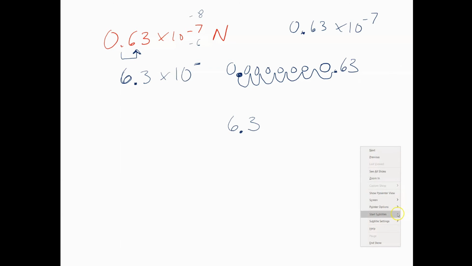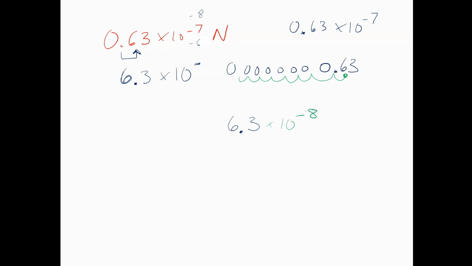Let me change the color real quickly, make it stand out a little bit. So I'm going to go 1 and wipe out the whole thing: 1, 2, 3, 4, 5, 6, 7, 8. 6.3 times 10 to the -8.